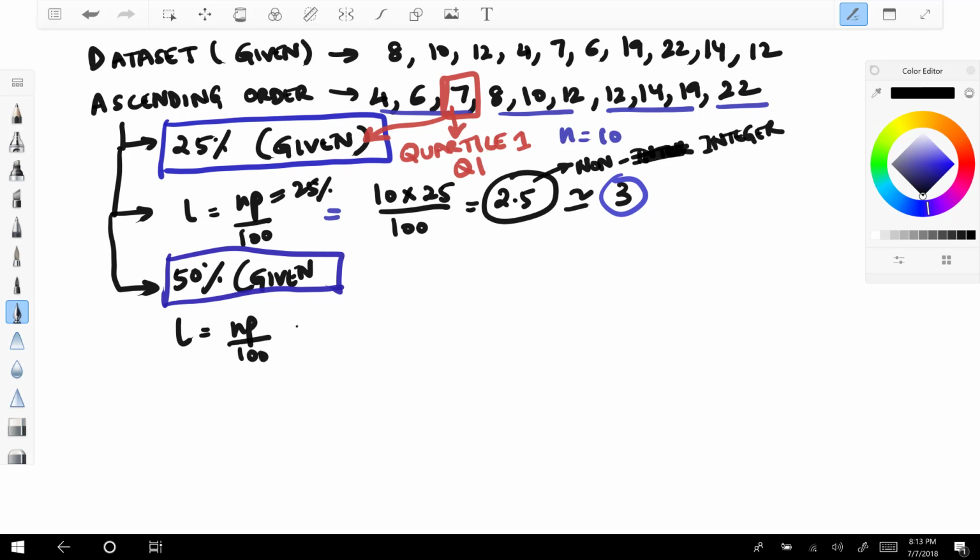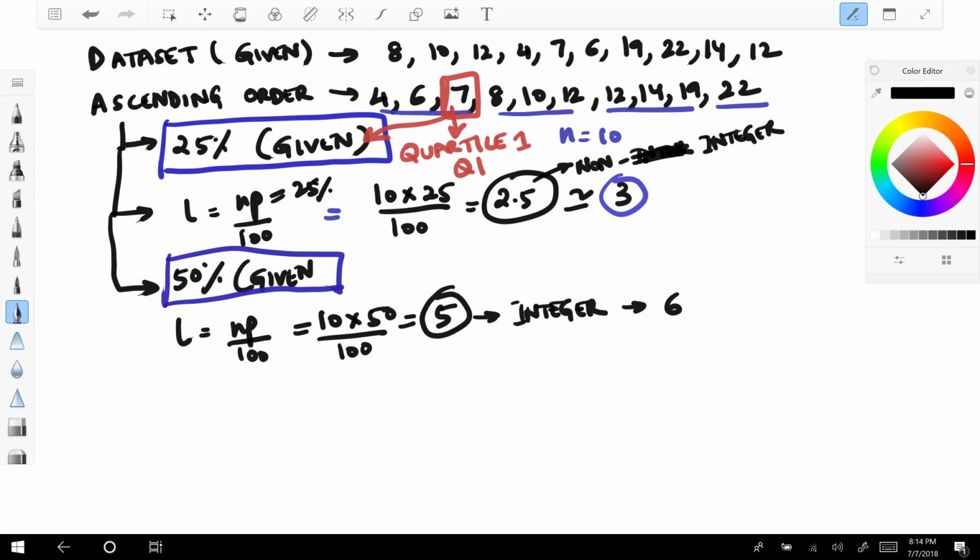So here our N is 10, P is 50 divided by 100. So this would give us 5. So this is an integer. If it is an integer, we will take the average of the Lth and L plus 1th term. So that is, we will take the average of the 5th and L plus 1 would be 6, so the average of the 5th and 6th term.